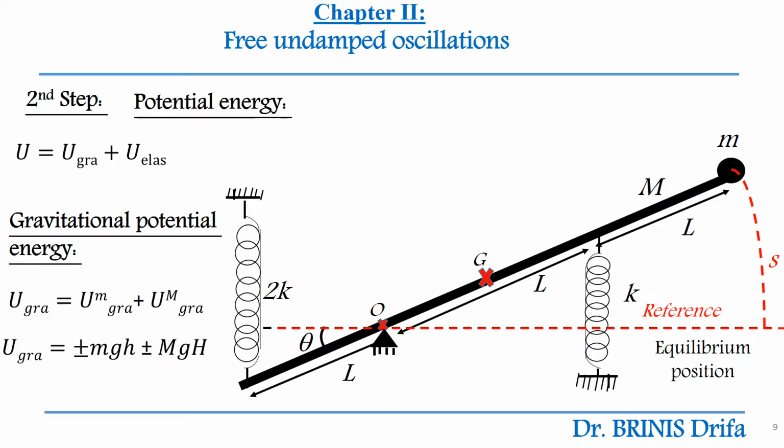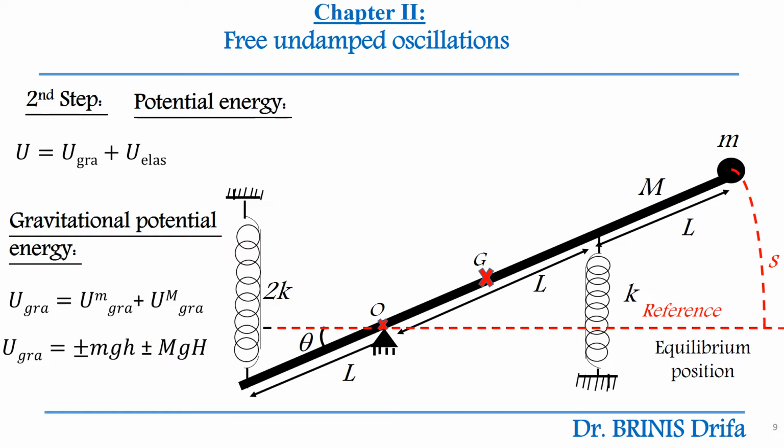Just for gravitational potential energy, I have taken the reference in the equilibrium position, as you see, but you can take it elsewhere. It's not false, but I always advise my students that taking it in the equilibrium position is better.